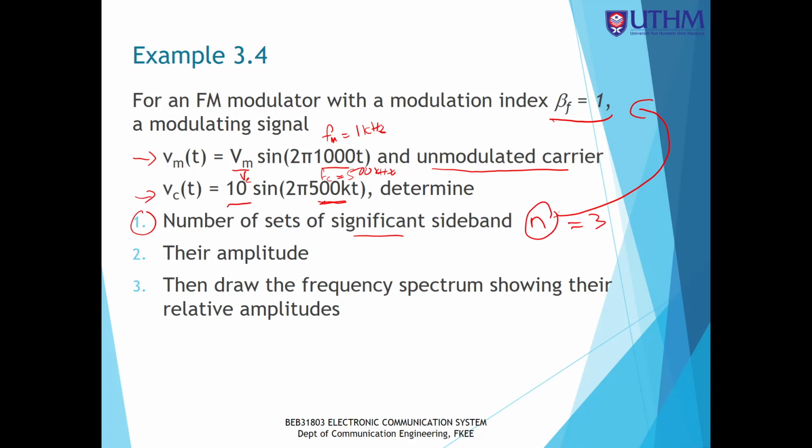Okay, and then for beta equal to 1, from the table, we can get J0 is equal to 0.77, J1 is equal to 0.44, J2 is equal to 0.11, J3 is equal to 0.02.